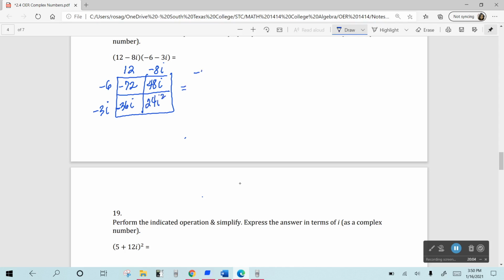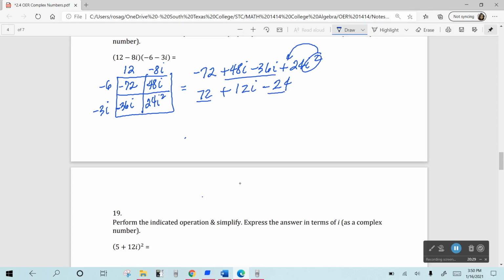Now I'm going to take them out. These combined to 12i. And this one, this is a negative, so it's going to change the sign there.